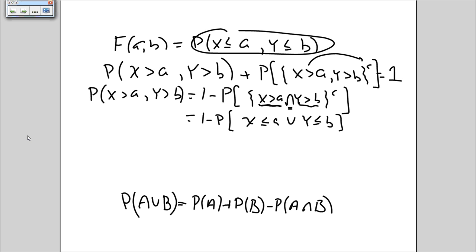I have probability of what's in these big brackets. I'm thinking of that as A, and that is B, that A and that B, and the union.